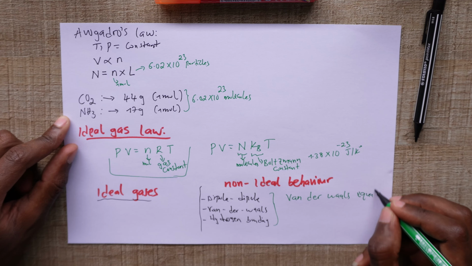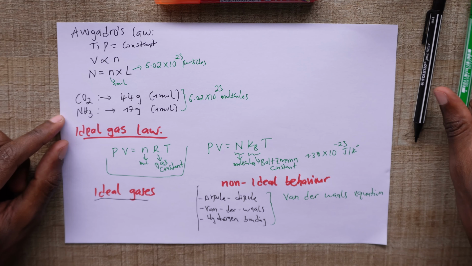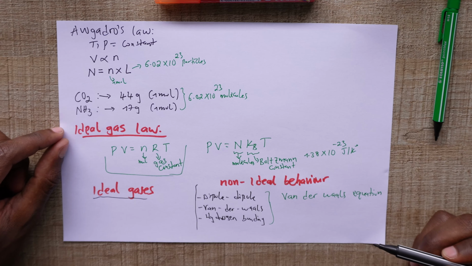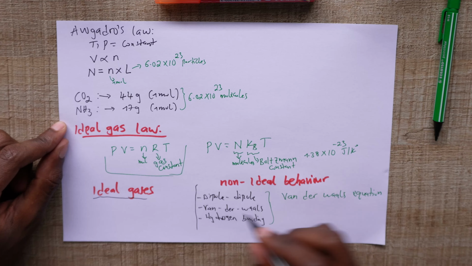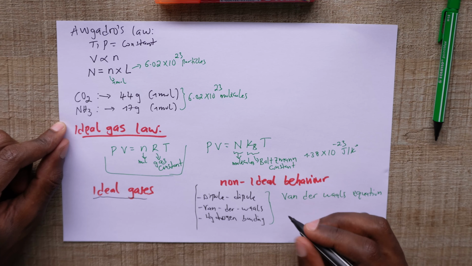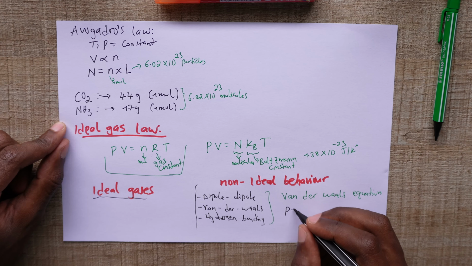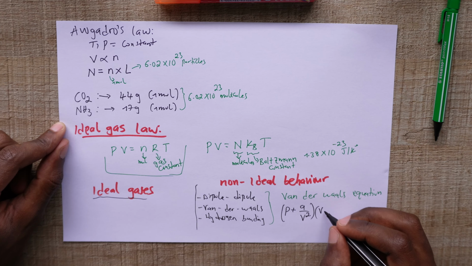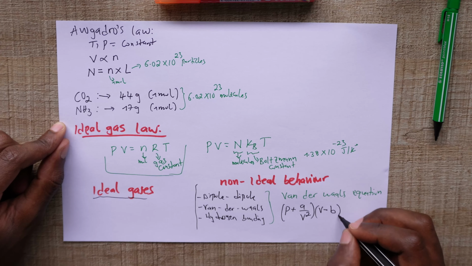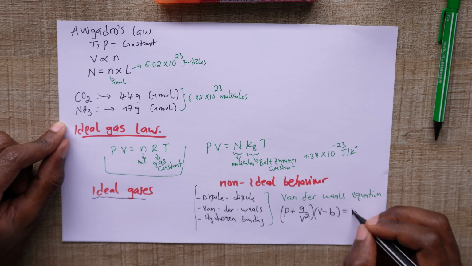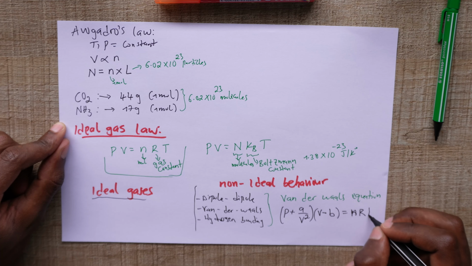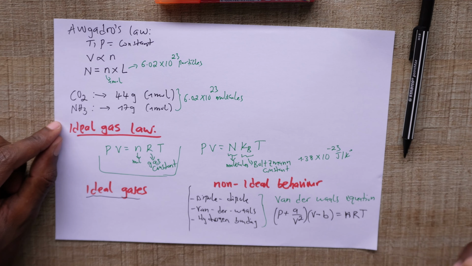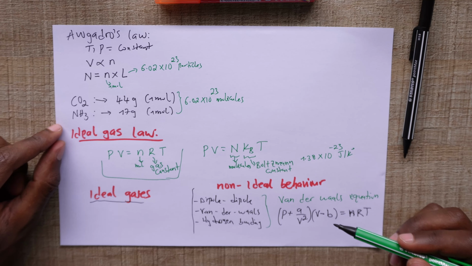The van der Waals equation tells us that for a real gas, we need to account for these intermolecular forces of attraction. So the equation is modified to (P + a/V²)(V − b) = nRT. You can notice that the structure is maintained.